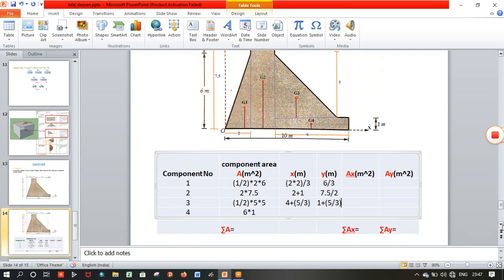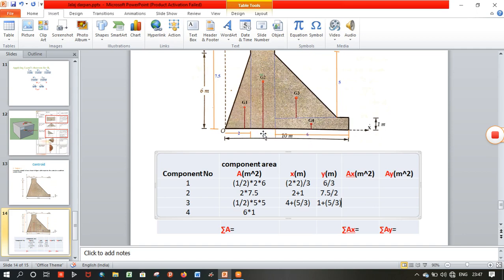So now come to the final geometrical component, that is the rectangle, this one. For x-axis you need to add this whole distance, 2 meter, this 2 meter, and the centroid point. For the rectangle it is half of the width, and for the height along y-axis it is half of the height. So 2 meter plus 2 meter plus 6 by 2. 2 plus 2 is 4 meter, 6 by 2 is 3.